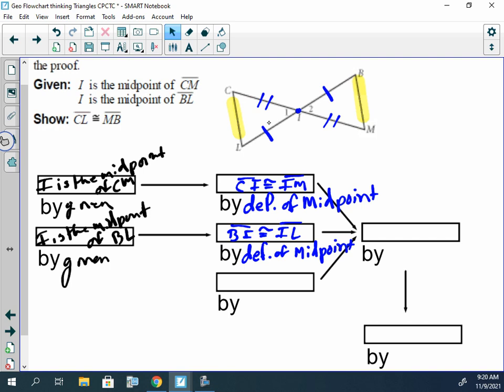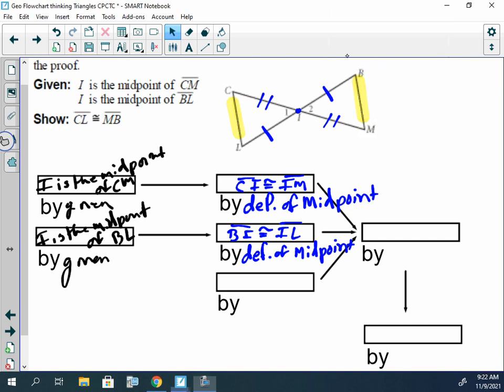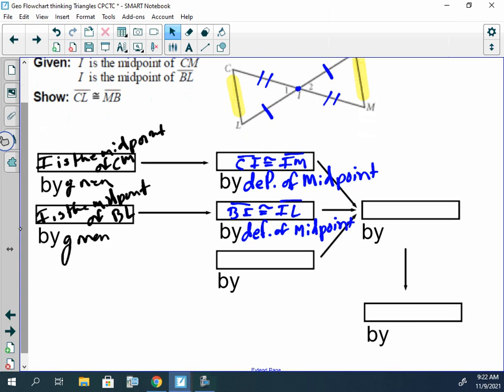And the one we looked at yesterday, hypotenuse leg, really only works if it is a right triangle. These are the ones that work. The ones that didn't work were angle, angle, angle, or side, side, angle.